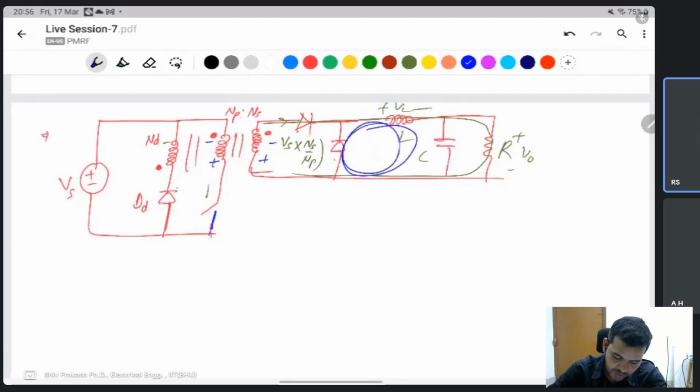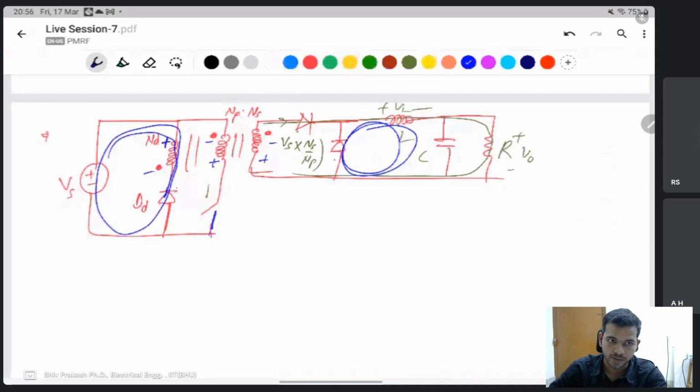Sorry, this one will be negative and this one will be positive. The diode will be forward biased, and the core is reset like this on the input side. Understand this one?